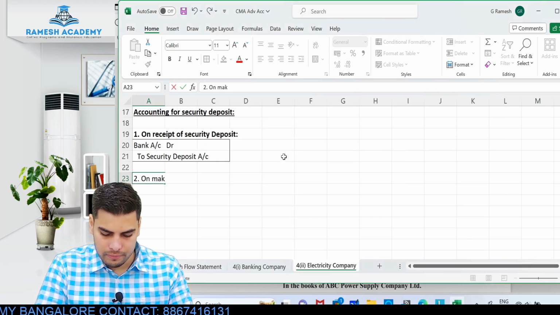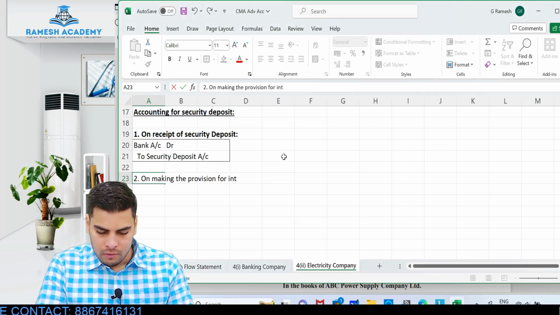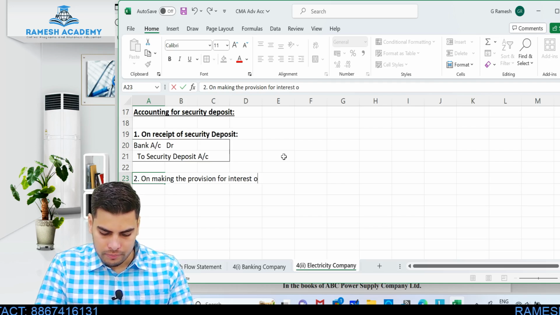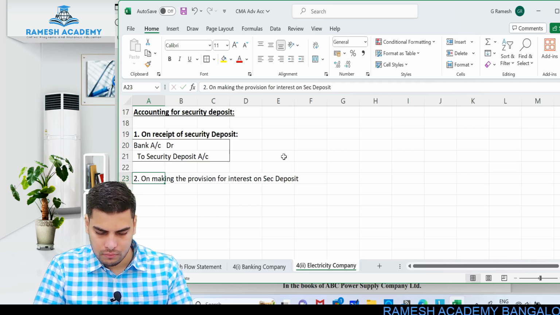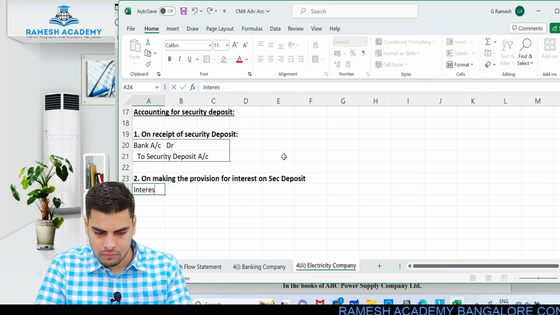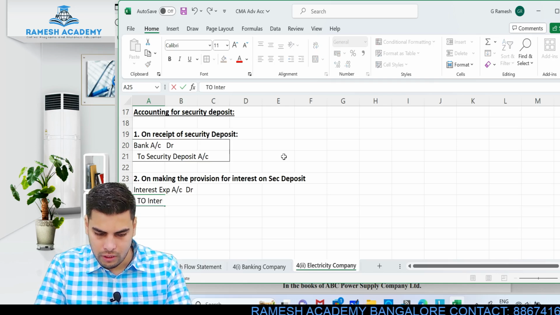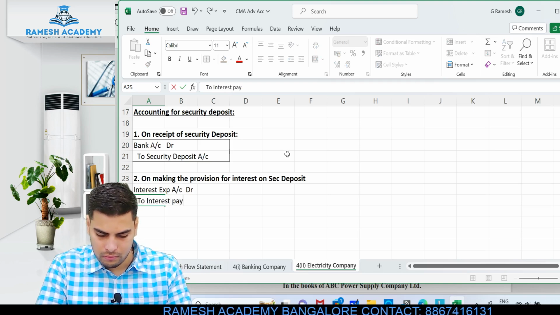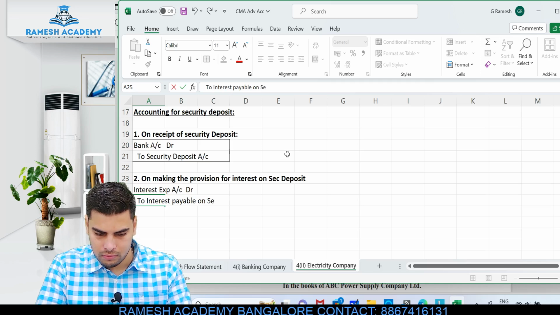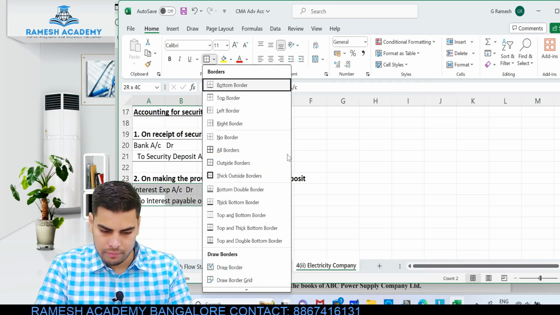On making the provision for interest on security deposit: interest expense account debtor to interest payable or interest accrued. This would be the entry.